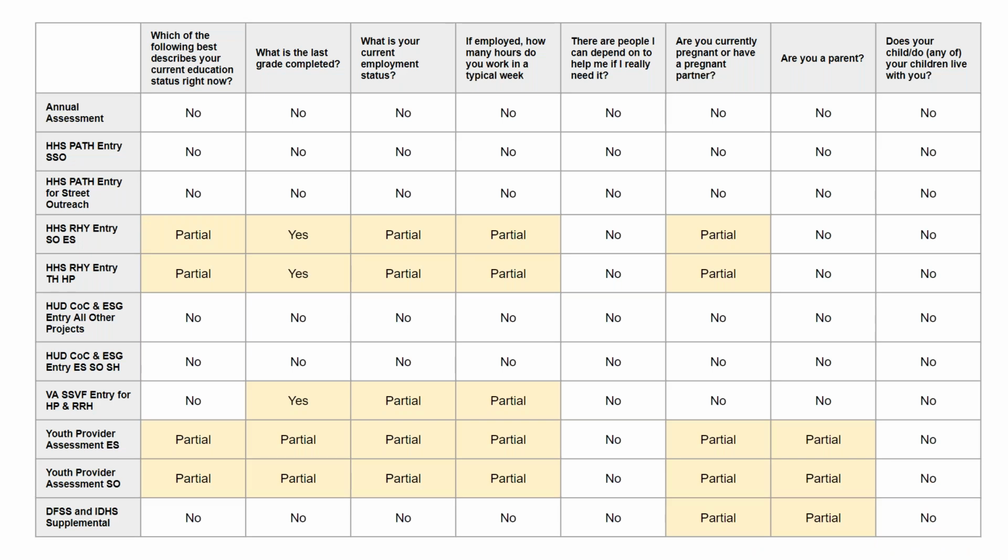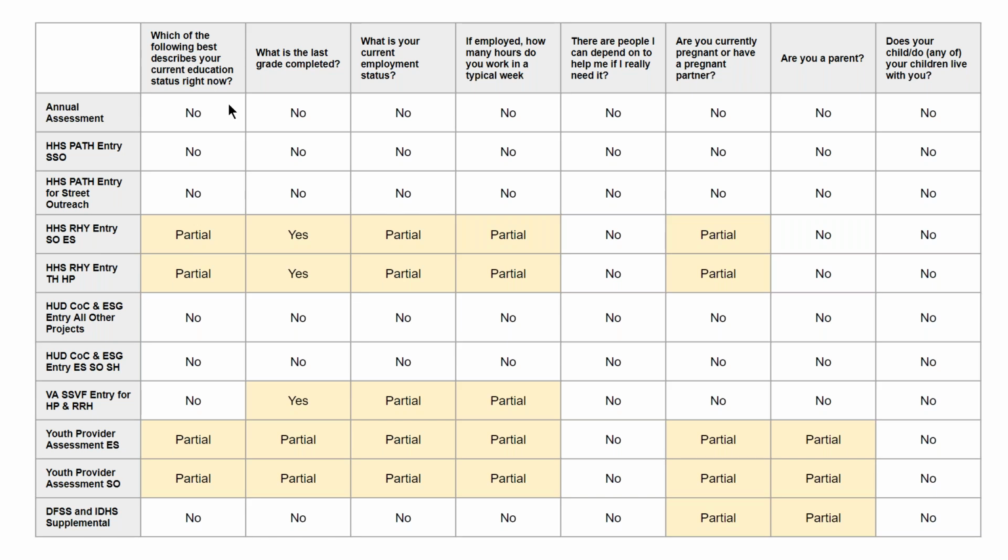So I wanted to provide this crosswalk of where these types of questions are already being asked. On the columns, you'll see the questions being listed out, and then the different assessments associated with them. Each of these assessments are assigned to a particular project type. You have PATH outreach, RHY, which is the runaway homeless youth, usually targeting just straight up youth.